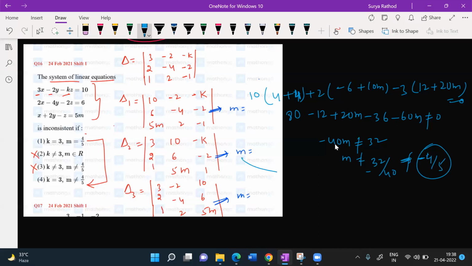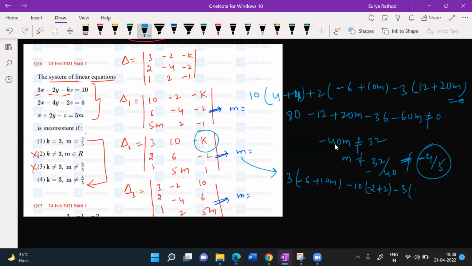So solve this now. Expand this determinant. So 3 minus 6 plus 10m minus 10. So 2 minus 2 plus 2 here and minus 3. Are you able to understand how I'm expanding that? I'm sure everyone is aware of that. I'm writing the k value directly and expanding.